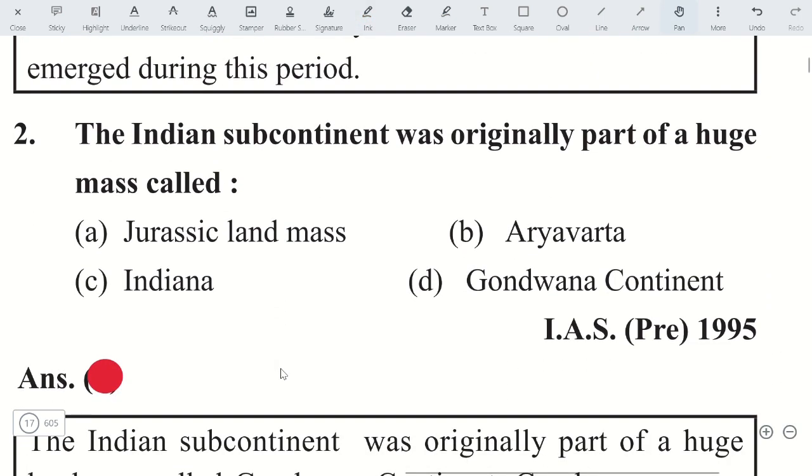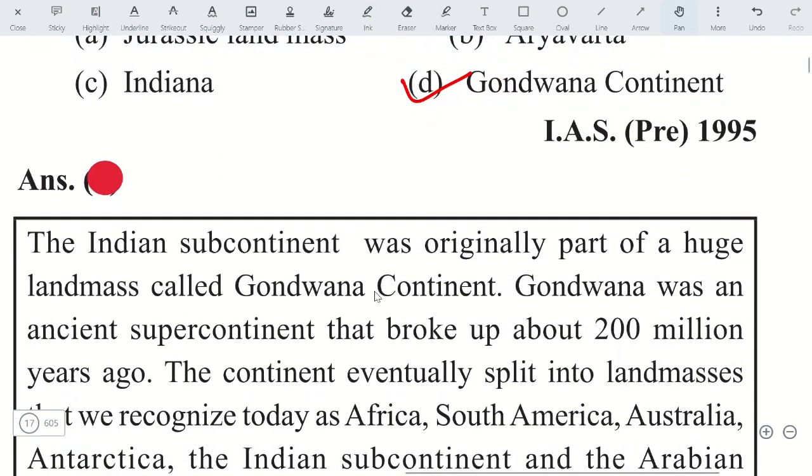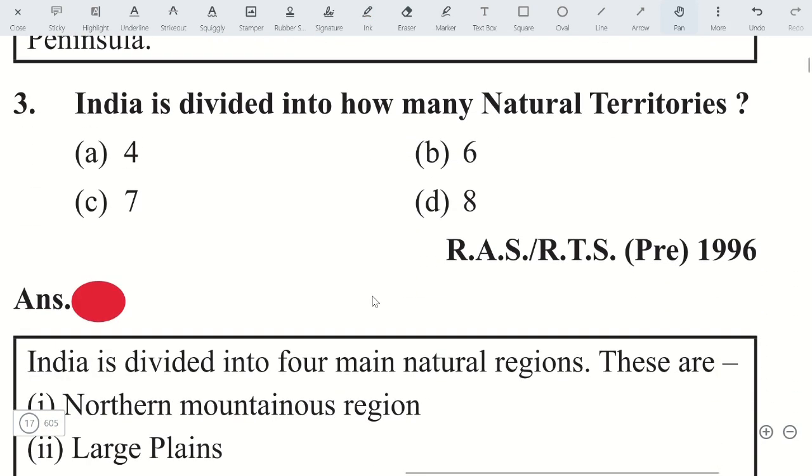Okay, let's move on to the next question. The Indian subcontinent was originally part of a huge mass called the Gondwana continent. The option will be D. The same question but in a different form. Next question: India is divided into how many natural territories? It is divided into 4 natural territories. One is the northern mountain ranges.